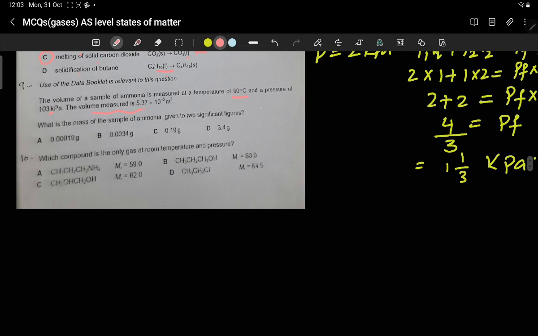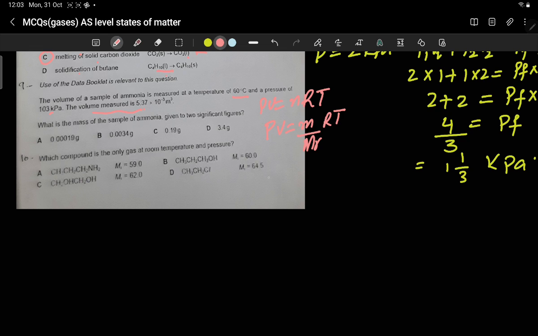This is very simple. Applying PV is equal to nRT, PV is equal to mass over Mr times RT.